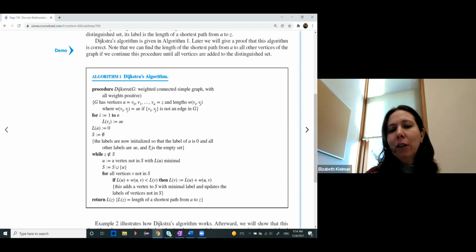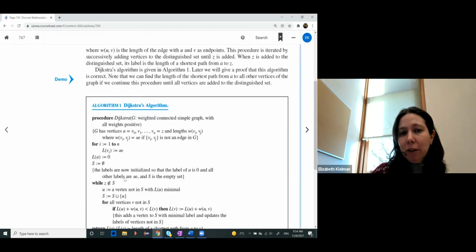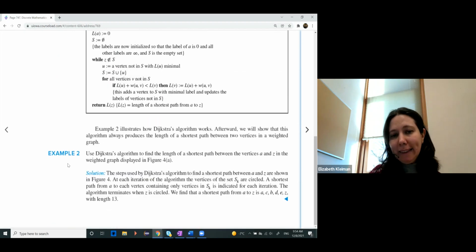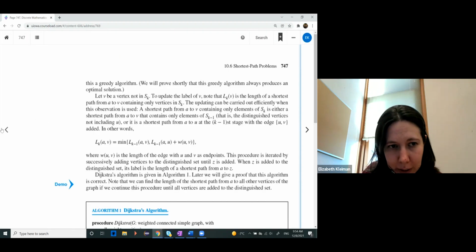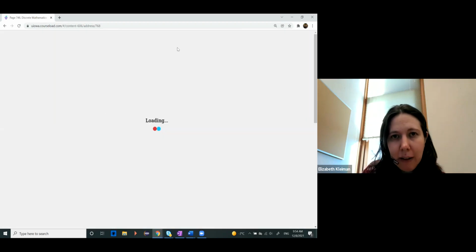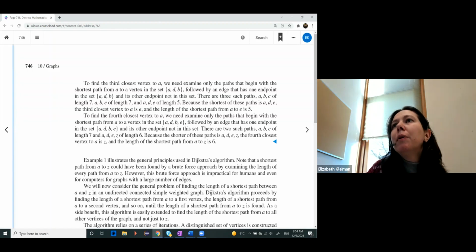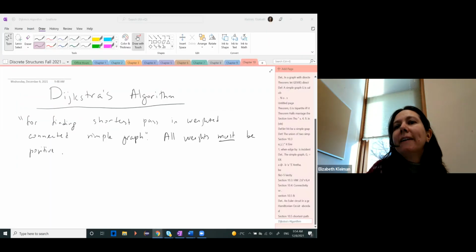And then we do it until we calculate L of Z. L of Z is the length of the shortest path from A to Z. So now we want to look at the example. We are going to grab a four-point A. Where is my picture?